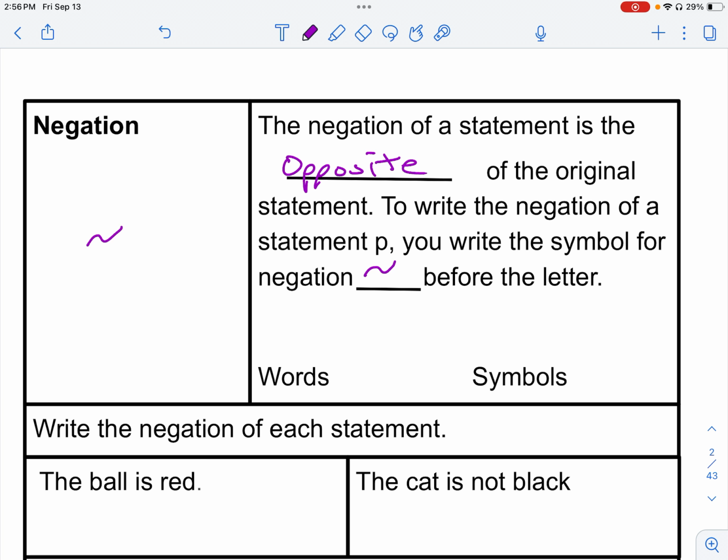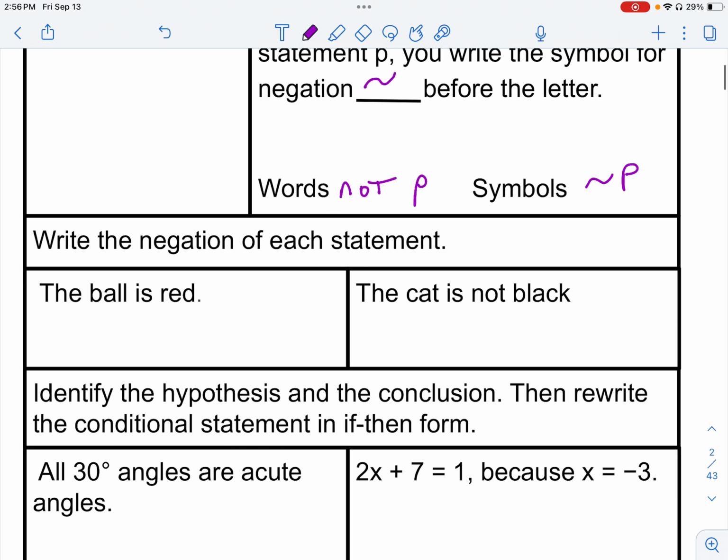And it's the same little guy we use like when we say something is congruent. So we're going to say that it's not P. In symbology, we're going to say squiggle P, not P.